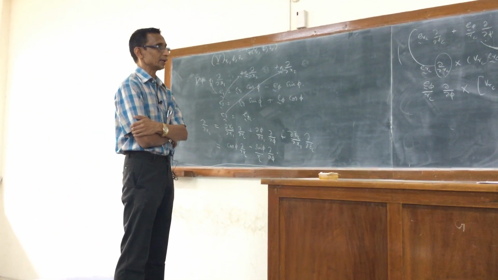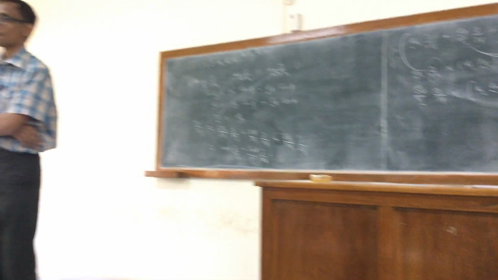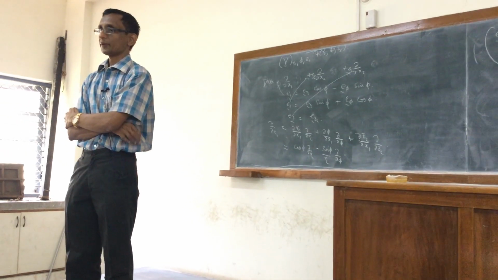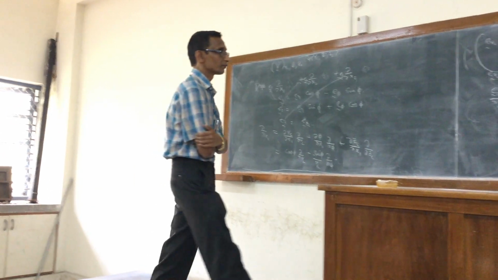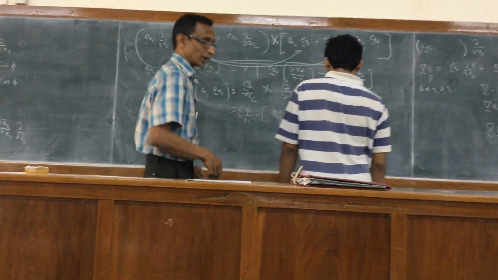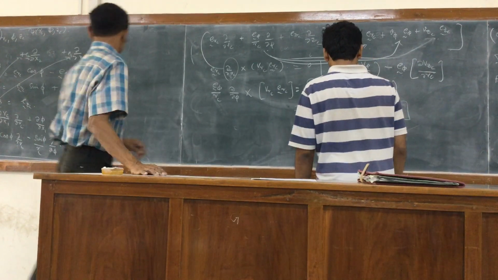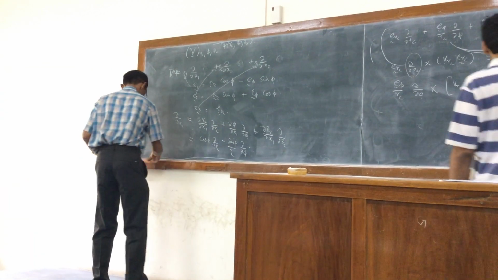Yes, what is DERC by D5? It is E5. That's not 0. That is E5. So I'll write down the derivative terms also.